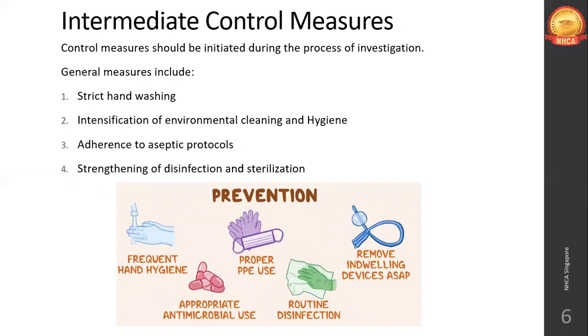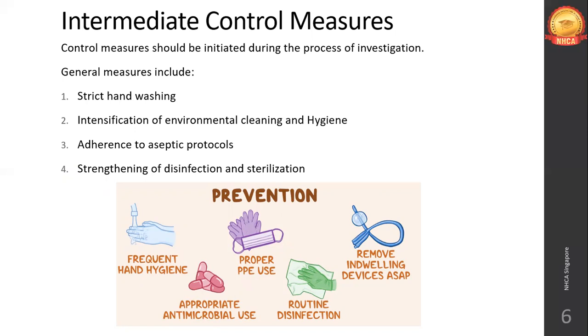Then intermediate control measures. Control measures should be initiated during the process of investigation. You will not wait till finding the pathogen or the source of transmission and then start the control measures. You can't do that. You are putting more and more people's life and health at stake. So as soon as you have a speculation of an outbreak, control measures should be put into place.